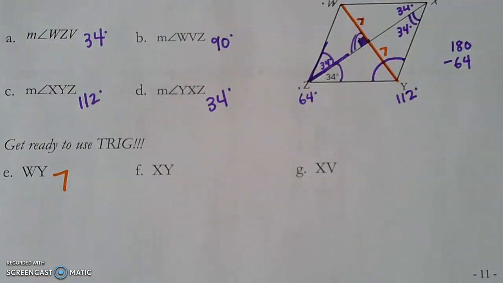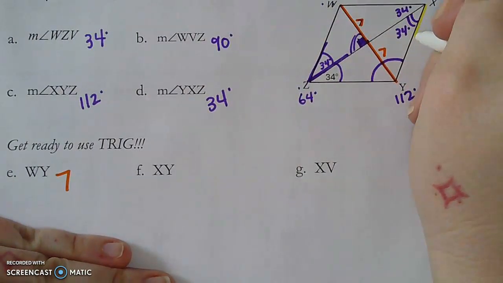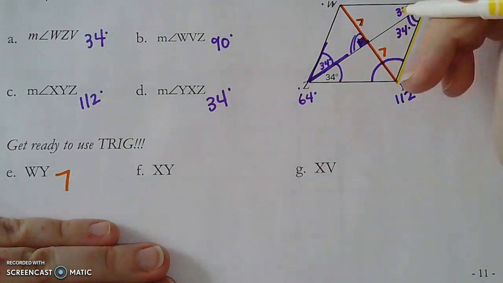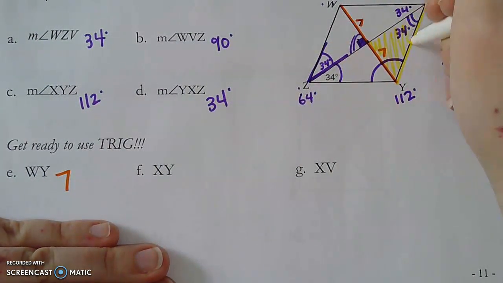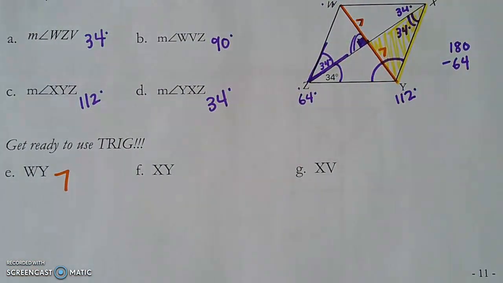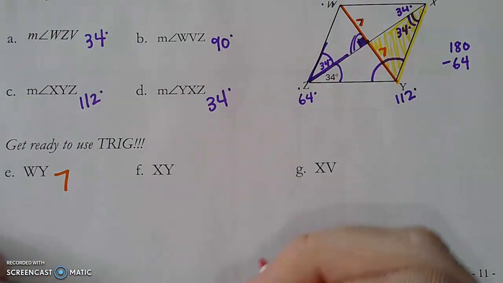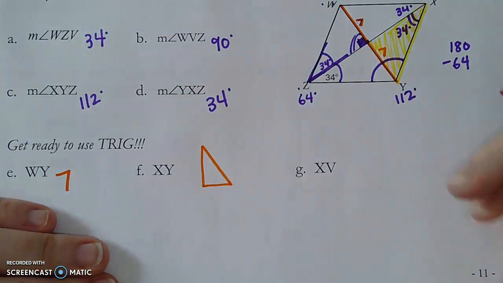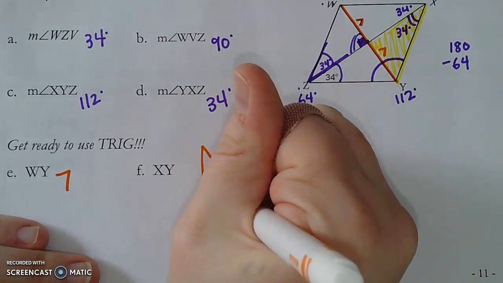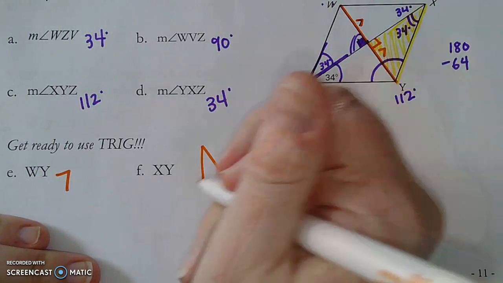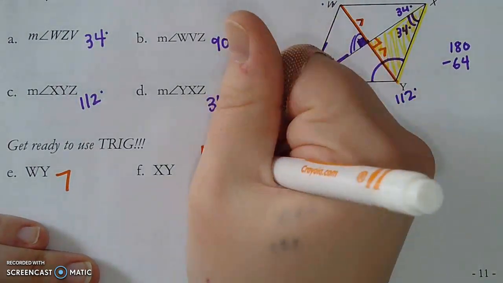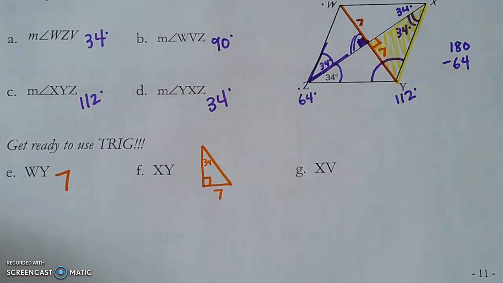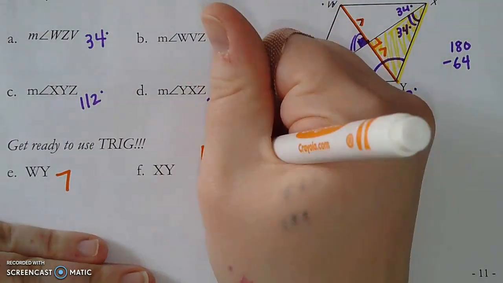XY is, let's see, right here. I don't really have anything to tell me what this equals, but what I do have is a triangle. If I pull that triangle out like this, I see this base is 7. There's a 90-degree angle here, and this angle is 34. I am solving for this side.